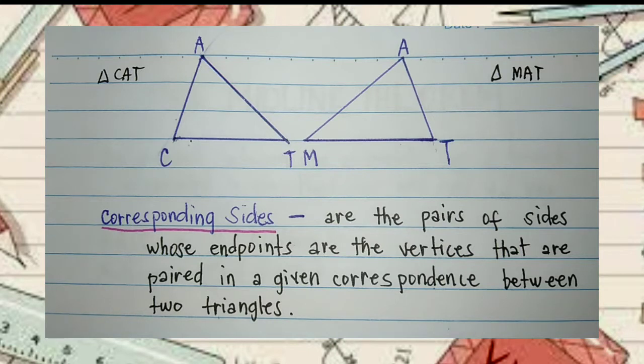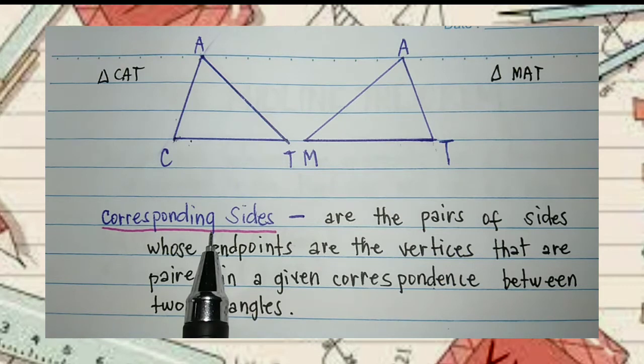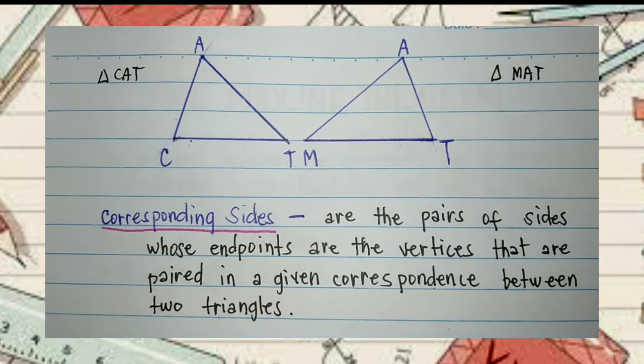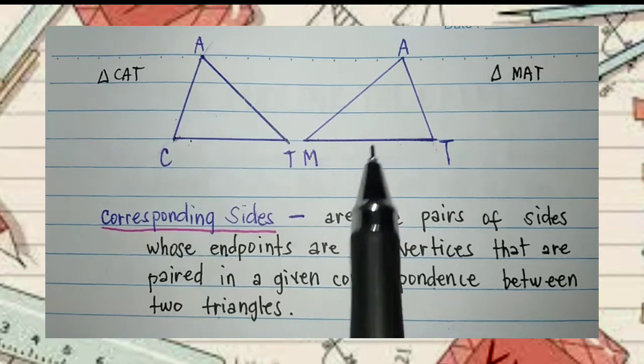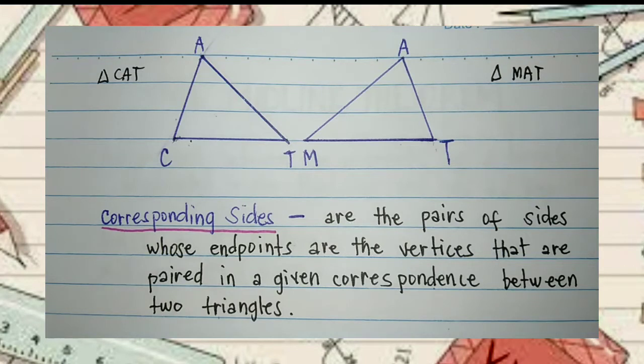Alright? So, doon na pumapasok yung corresponding sides. When we say corresponding sides, what we are going to do is find the corresponding sides of these two triangles, to enable us to prove that two triangles are congruent using this definition.